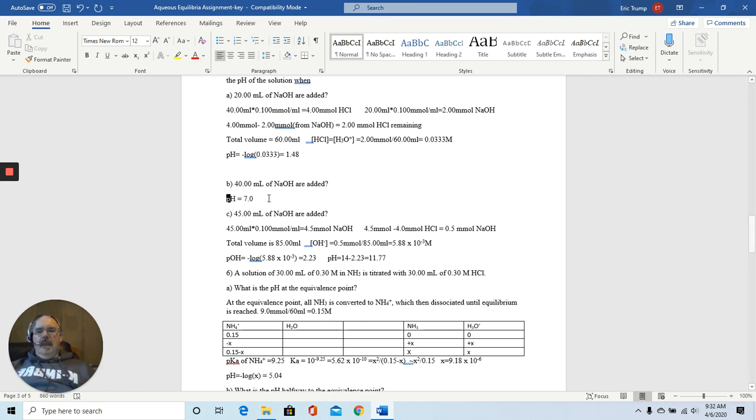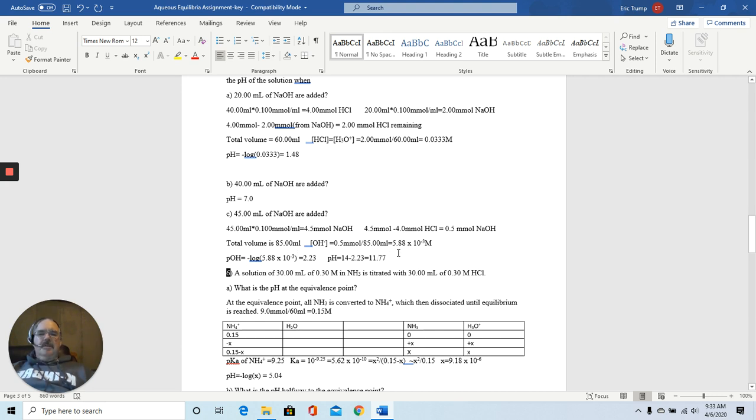Part C, we're beyond the equivalence point. We've added 4.5 millimoles of sodium hydroxide, and 4 millimoles of that was neutralized by the HCl, so we have 0.5 millimoles left over. We divide that by the total volume, which would be 40 plus 45, or 85.